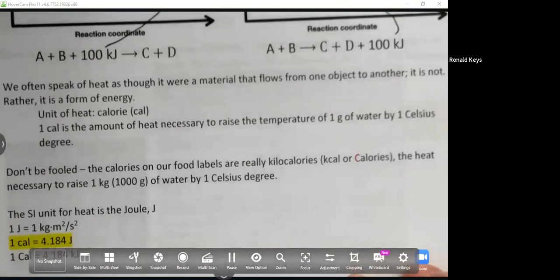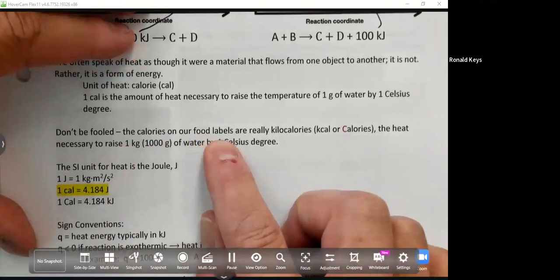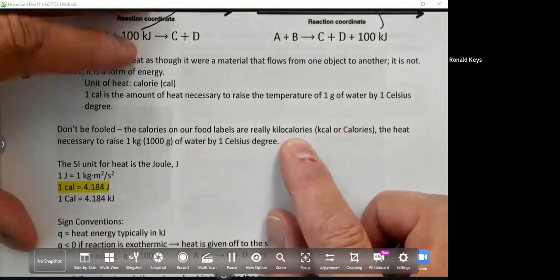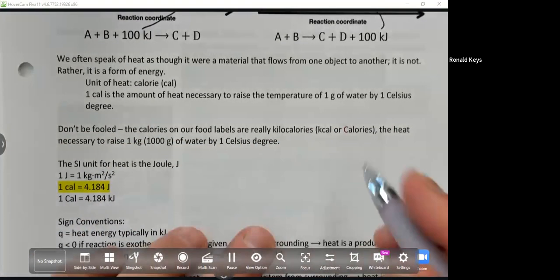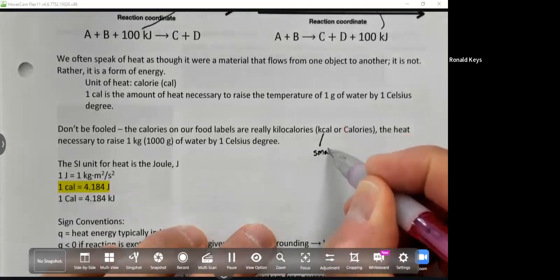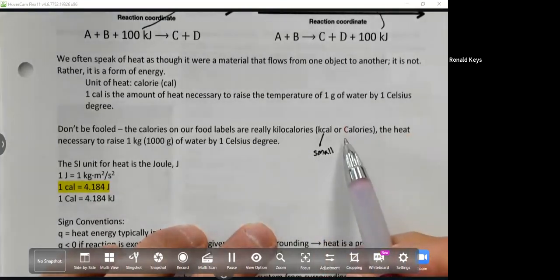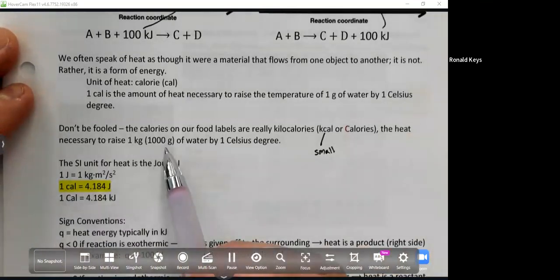Now, don't be fooled. The calories on food labels are really kilocalories. So this is a kilo with a small c, or big C calorie. Your food labels are in big C calories, we call them. So that's the heat necessary to raise 1 kilogram or 1,000 grams of water by 1 degree Celsius.